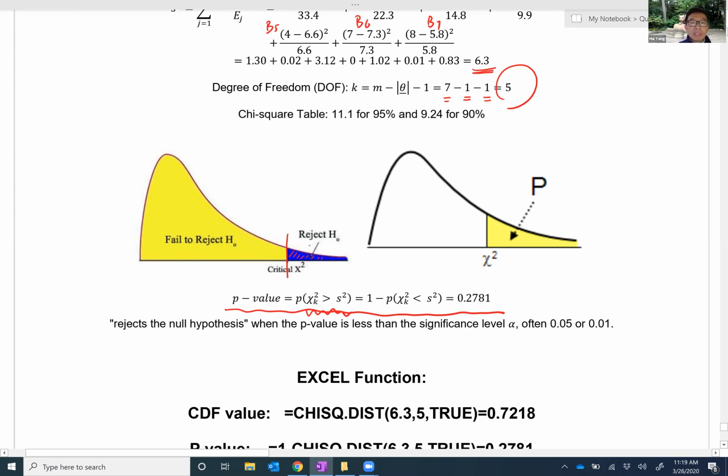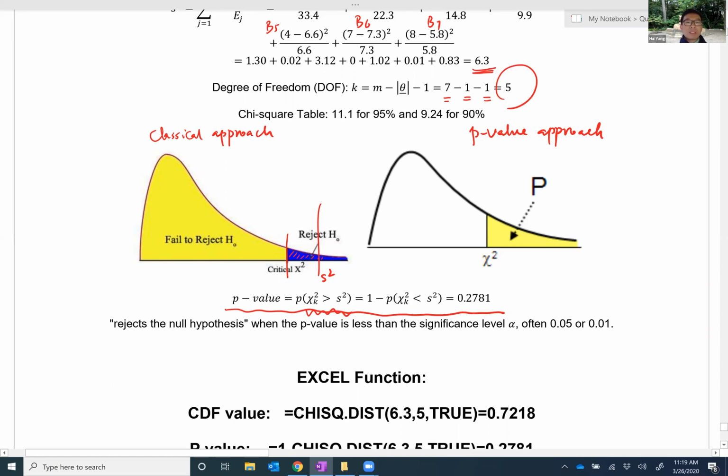Okay. This is a critical value approach. This is a classical approach. This is a p-value approach. In the classical approach, if you observe S square over here, which is greater than the critical value, then this is my rejection region.